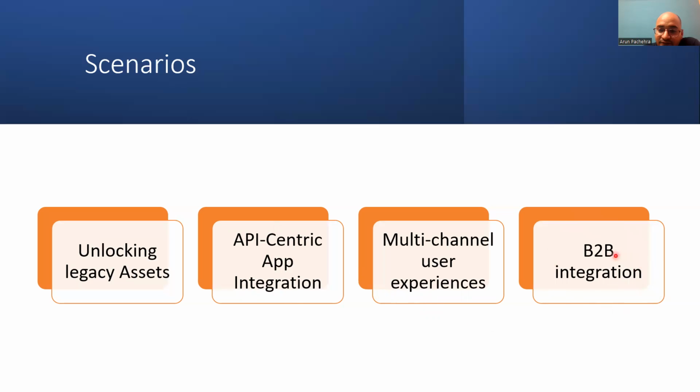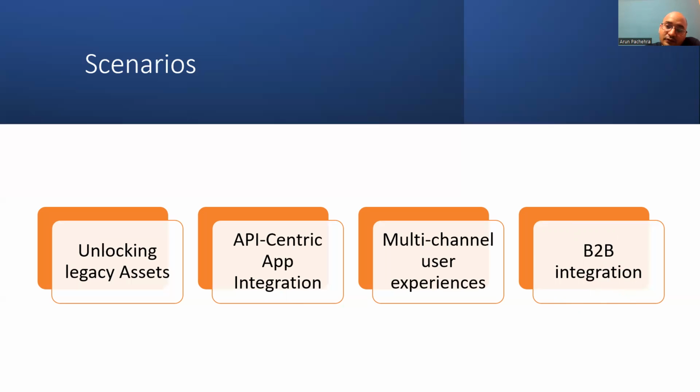B2B integration. You have seen that almost everywhere when we talk about API. APIs exposed to partners and customers lower the barrier to integrate business processes and exchange data between business entities. APIs eliminate the overhead inherent in point-to-point integration, especially with self-service discovery and onboarding enabled.